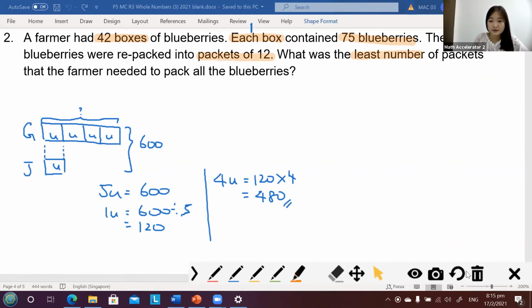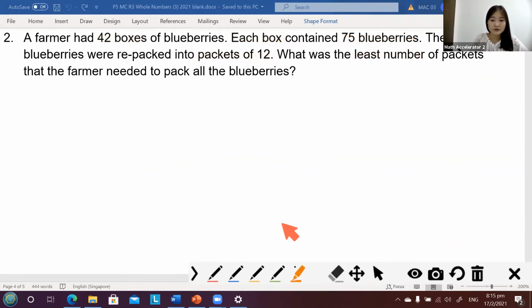Let me highlight this again. 1 box. So what's your first step? What will you find first?